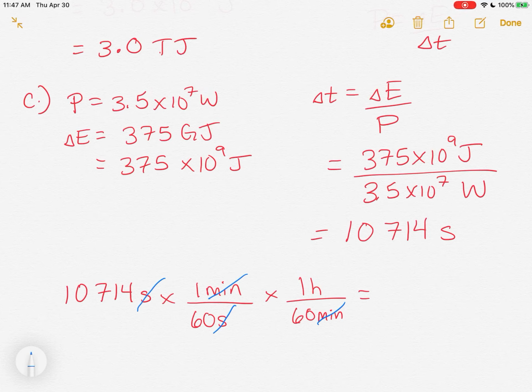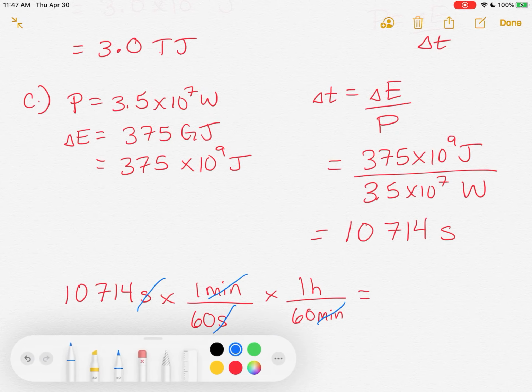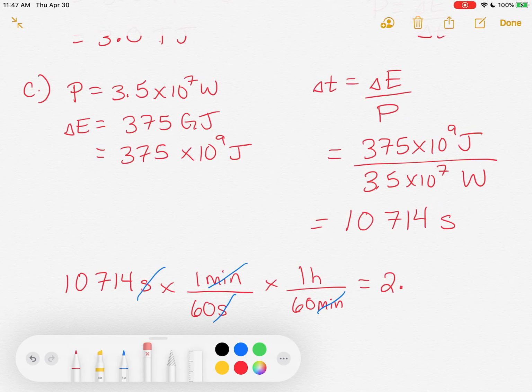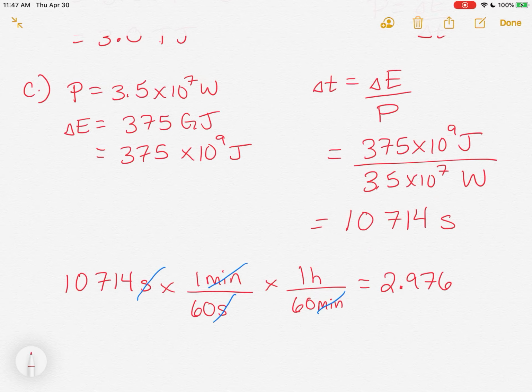So 10,714 divided by 60, divided by 60. So we get, we're getting 2.976 hours, but we need to round that for significant figures. And so it's going to be 3.0 hours as our final answer there.